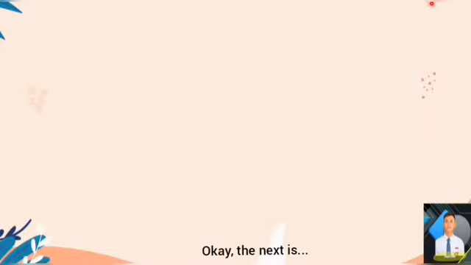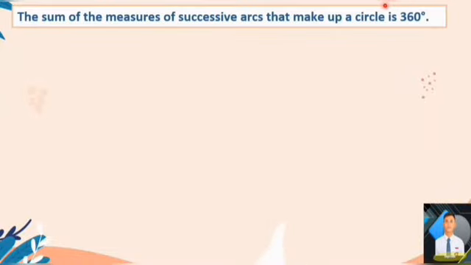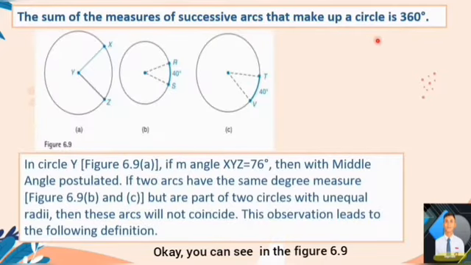Next, the sum of the measures of successive arcs that make up a circle is 360 degrees. You can see in figure 6.9, in circle Y, in part A, if the measure of angle XYZ equals 76 degrees, then by the central angle postulate, the arc has the same measure.